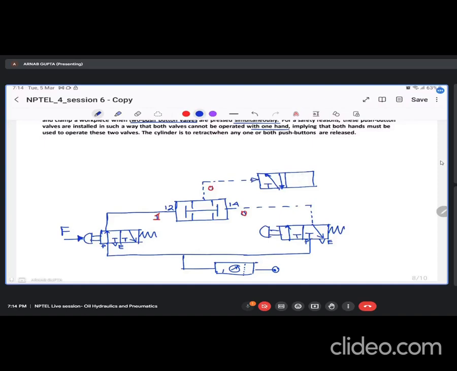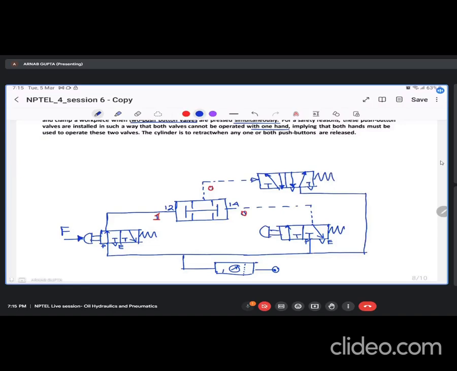And the other one will be P to B. And say this is spring operated.